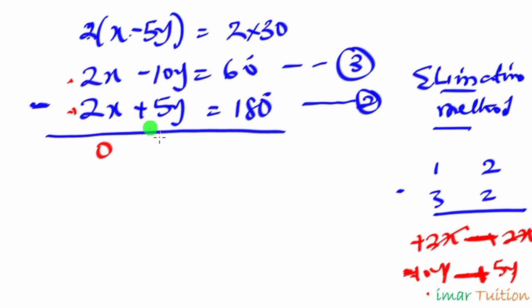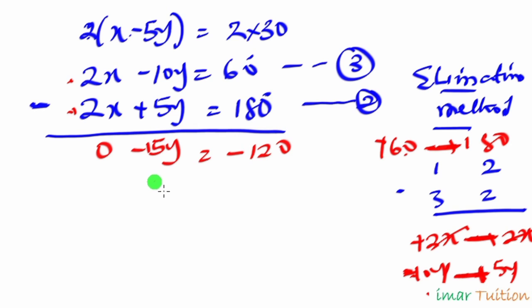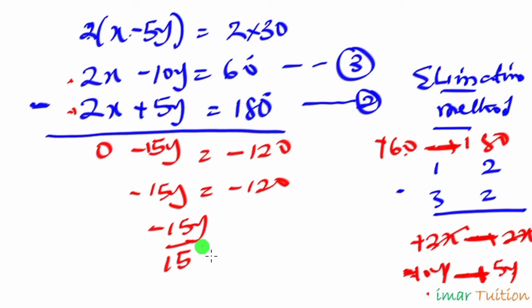Minus 15y is equal to 60 minus 180, and that gives you minus 120. So you have minus 15y equal to minus 120. If you divide both sides by minus 15, so that you can remove 15 from here, you have minus 15y divided by minus 15 equal to minus 120 divided by minus 15.